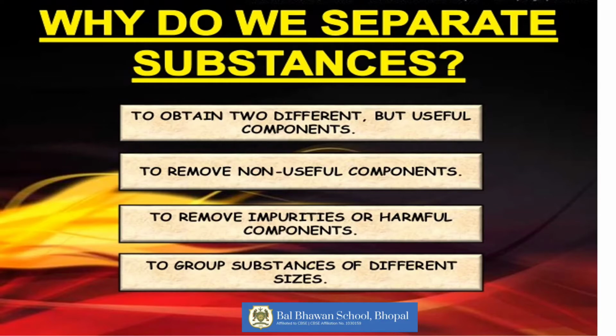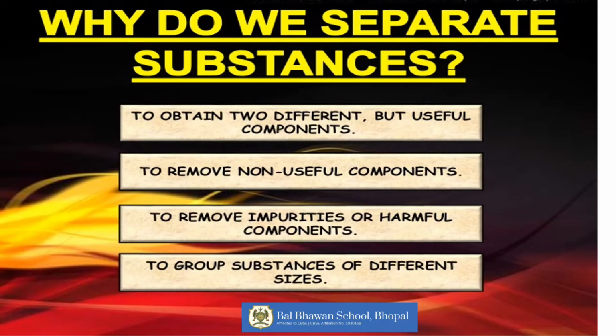Now, we separate substances so as to obtain two different but useful components. That is, both the components which we get after separation are equally useful to us. Or we may remove non-useful components.